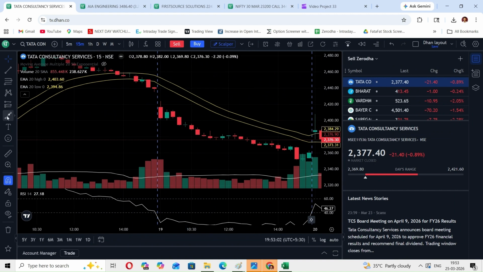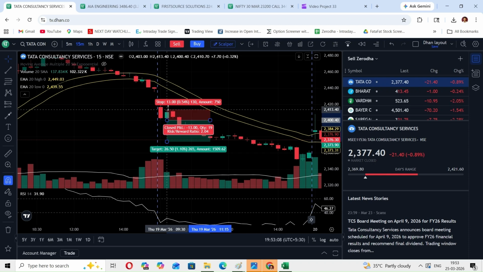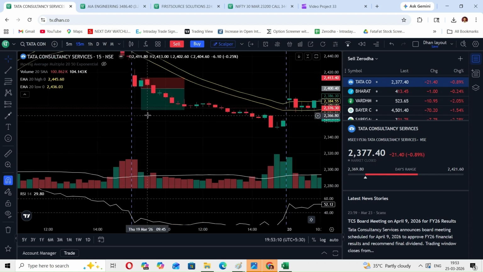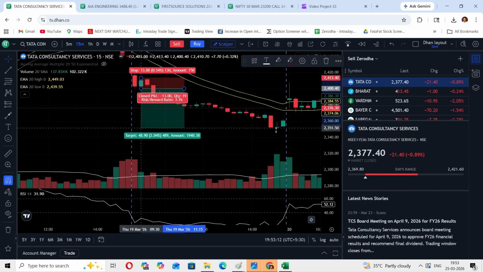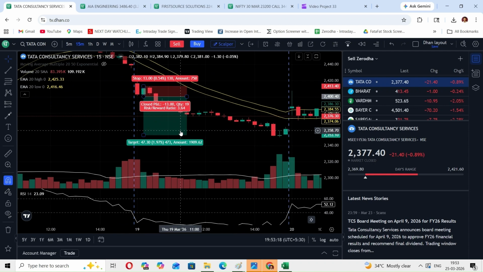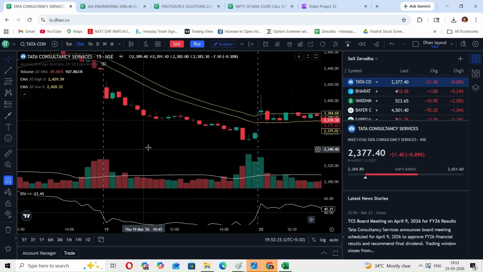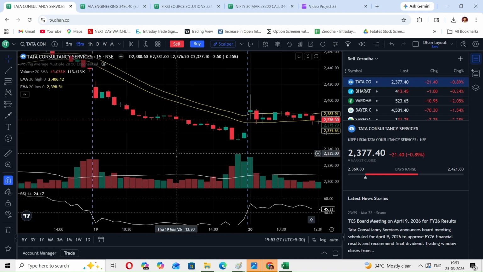So if you would have taken a trade at the low of this particular candle, your stop loss would be the high of that candle, and you would have exited at the end of the day. See, you would have got almost 1 is to 3.6 profit, right? 3.5 profit in this particular trade. Okay, so this is how that sell stock scanner works perfectly.